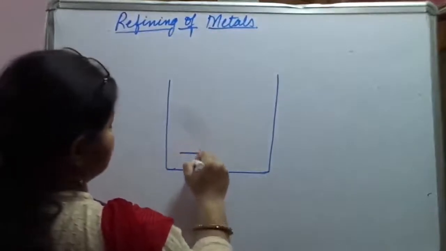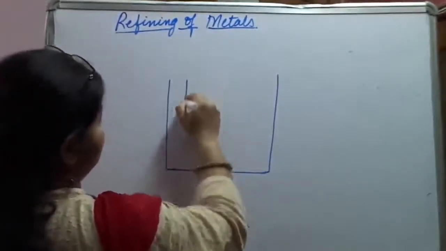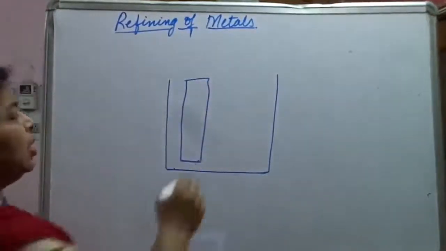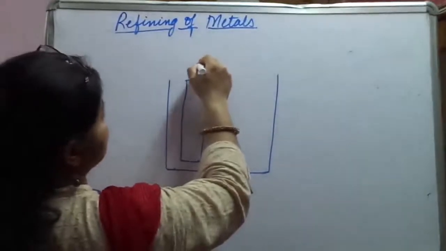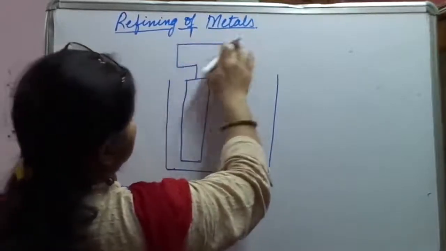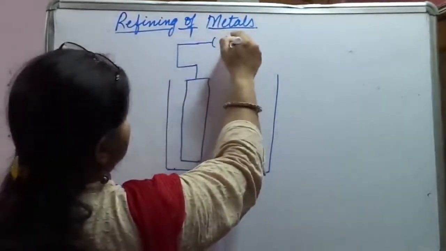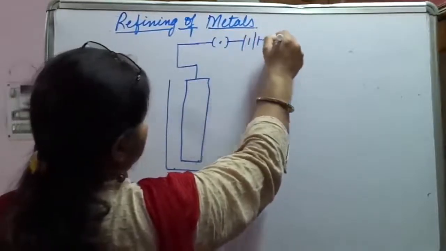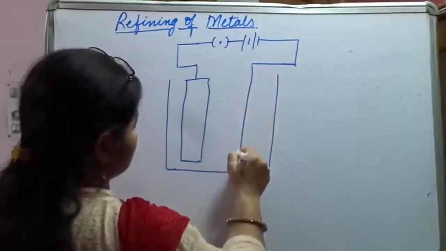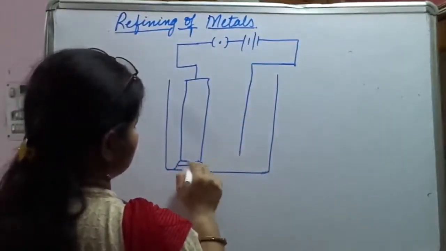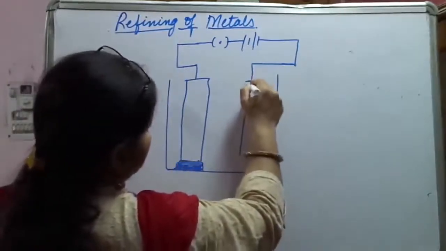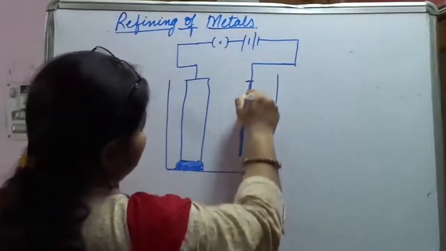In this we make a huge block made up of impure metal, and the other electrode is a strip of pure metal.